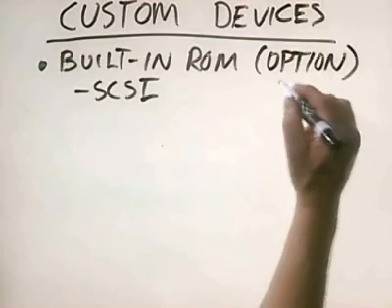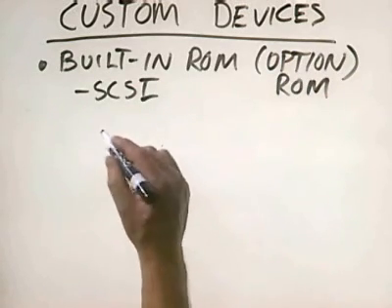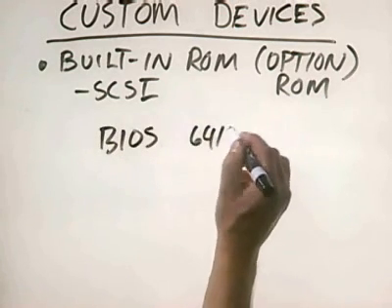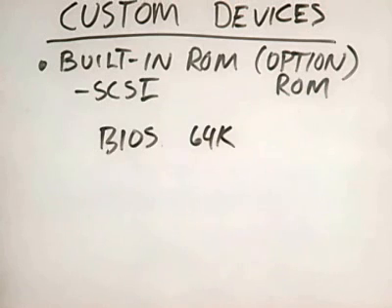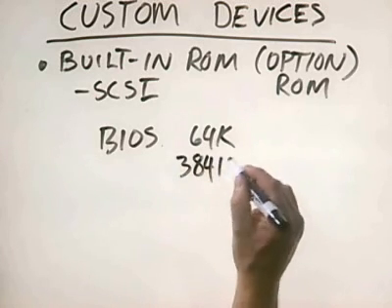To understand how this works, remember that we said that most BIOS chips are only 64K in size. However, do you remember how much address space is reserved for the BIOS? It's 384K.